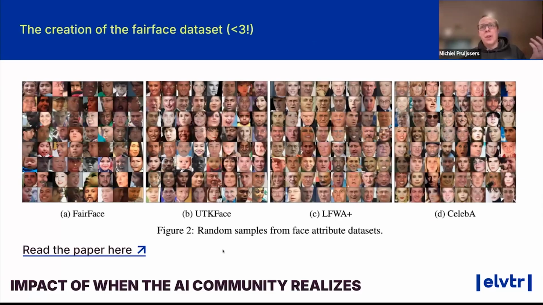Here are some of the really famous data sets that are currently being used. FairFace is the resulting child of all of the other data sets like UTK, LFW, CelebA.